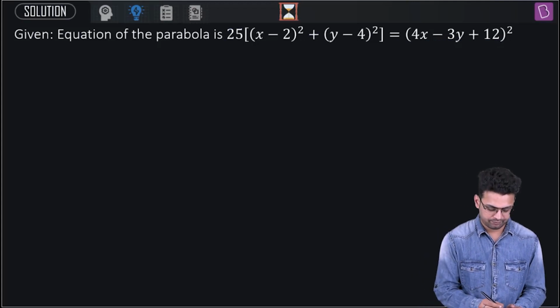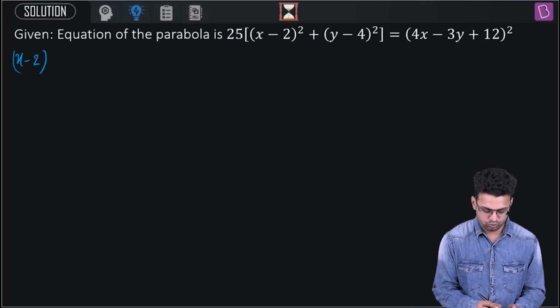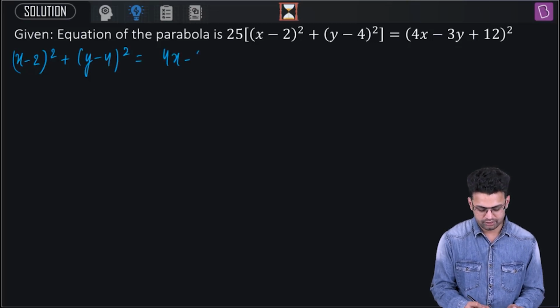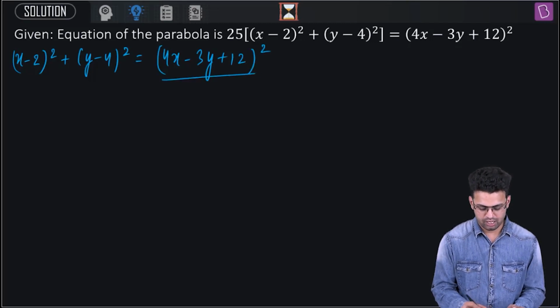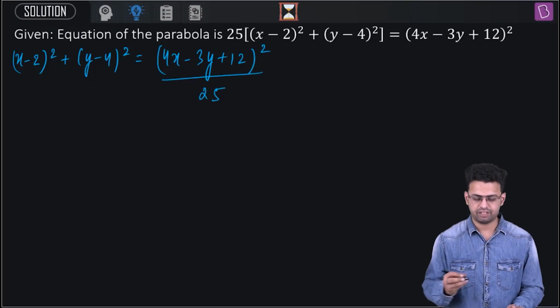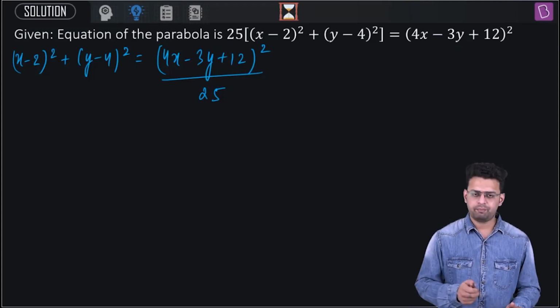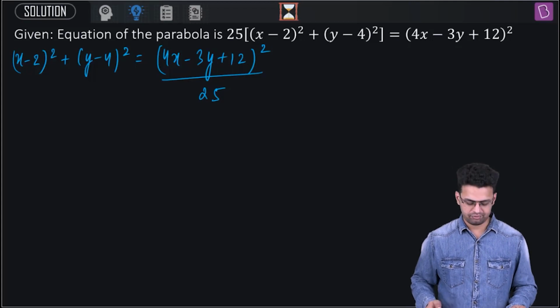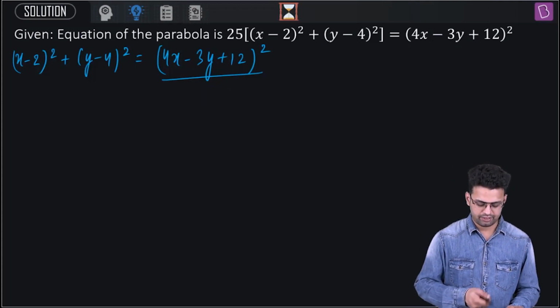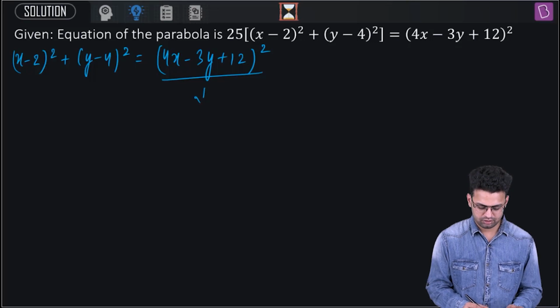What I'll get is x minus 2 whole square plus y minus 4 whole square is equal to 4x minus 3y plus 12 whole square upon 25. Now in place of 25, I can write root of 25 square.